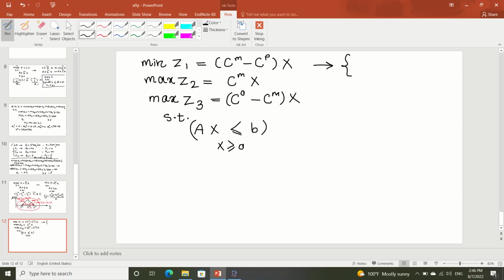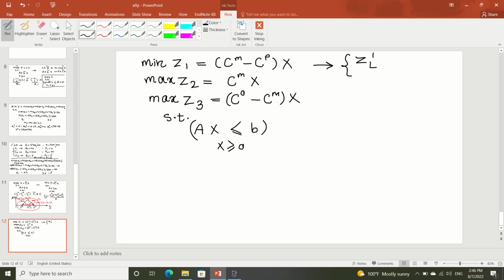Minimum gives us the best optimum solution and is called z lower. Okay, z lower for the first objective function.